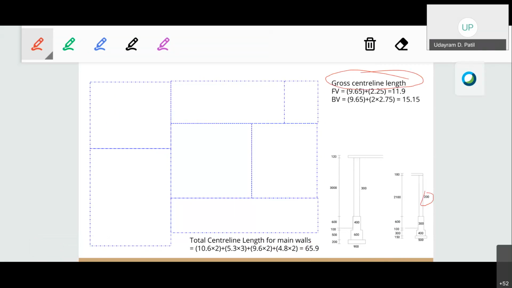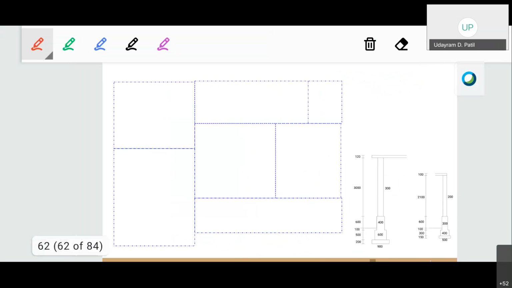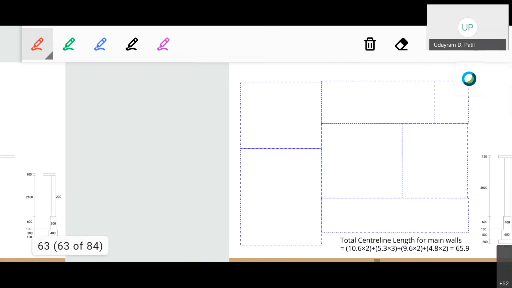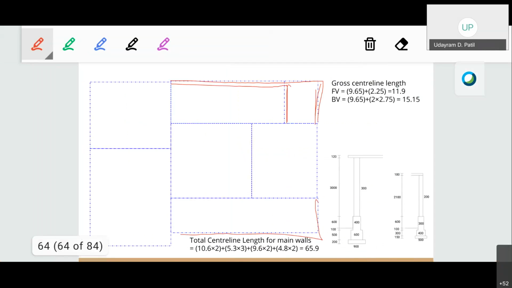So calculating the gross center line length for the front veranda, this wall is the 0.2 wall. And in case of the back veranda, this wall, as well as the vertical walls of the bathroom.